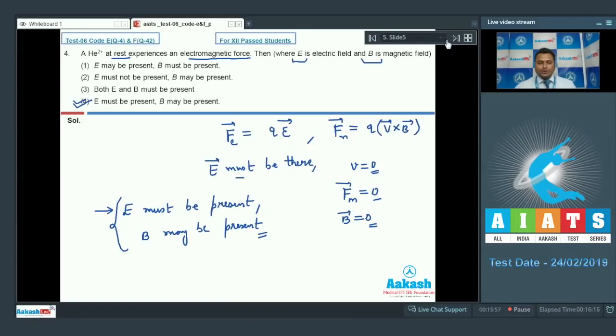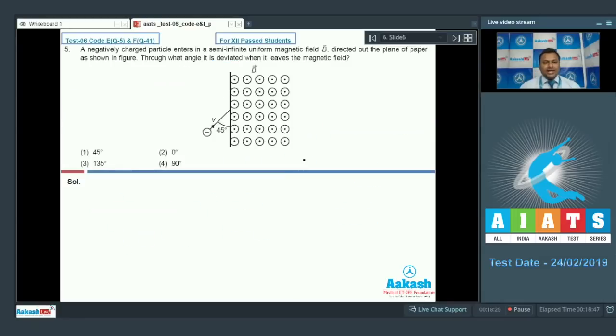Now let us proceed to the next question, that is question number 5. A negatively charged particle enters a semi-infinite region of magnetic field B directed out of the plane of paper, as shown in the figure. Through what angle is it deviated when it leaves the magnetic field? Now, the magnetic field in the region is given this way, perpendicularly out of the plane of paper.